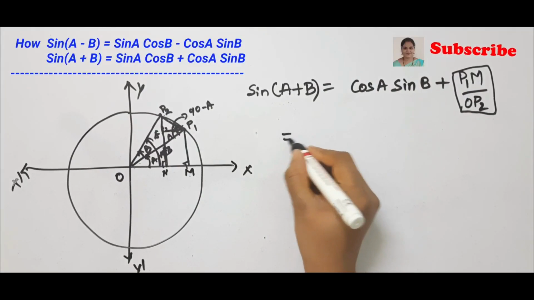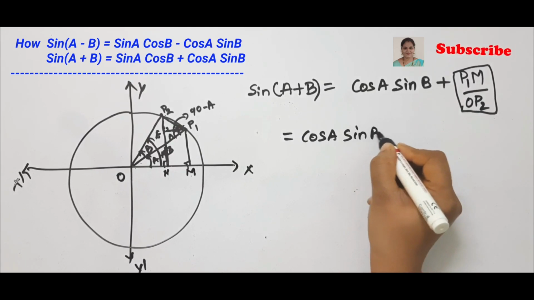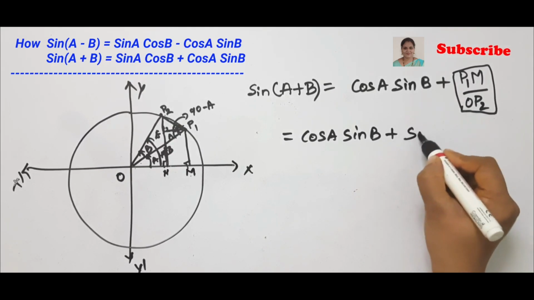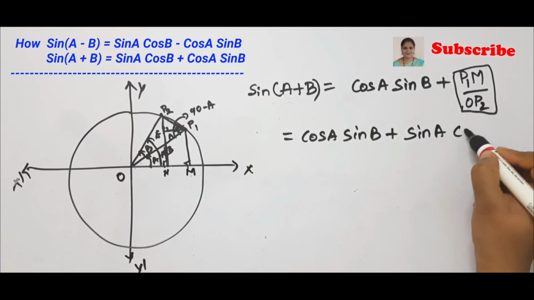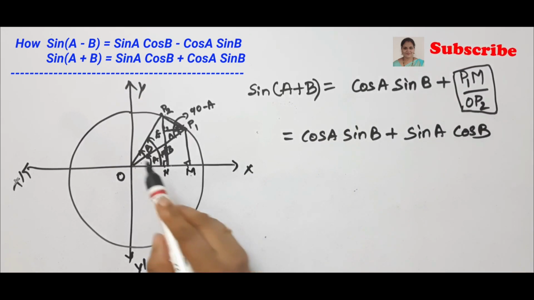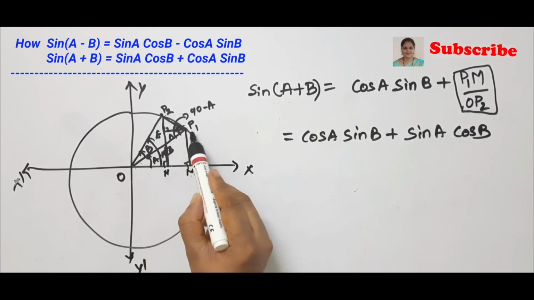So we got the value as cos A sin B plus sin A cos B. This value we got as sin A cos B, is it not? Using this triangle OP1M and triangle P2OP1.